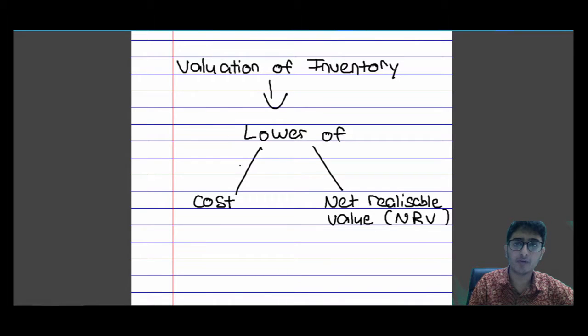Okay, we are going to value inventory at the lower of two things. One is the cost of the inventory, and the other one is the net realizable value.